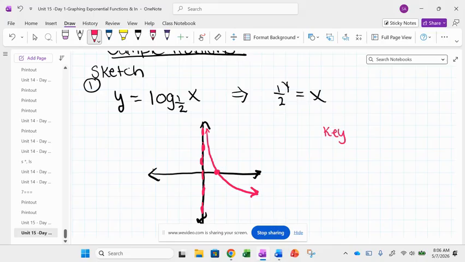So let's answer some questions here. What is the key point? 1, 0. What is the equation of the asymptote here? Perfect. What is my domain?